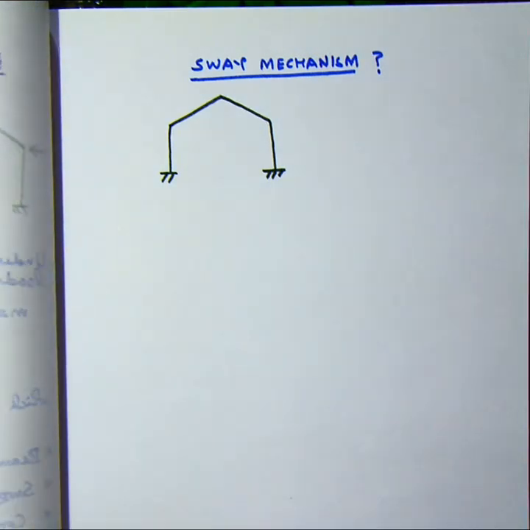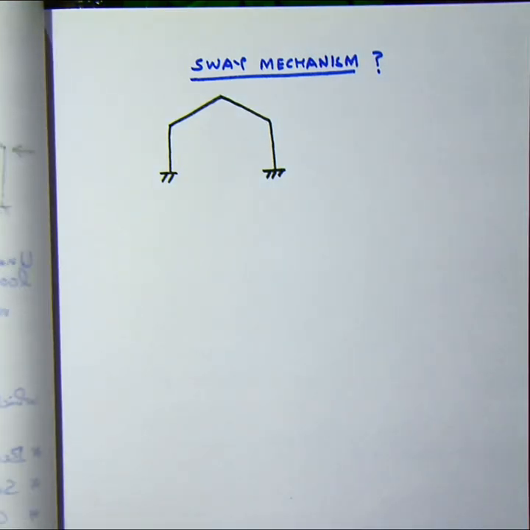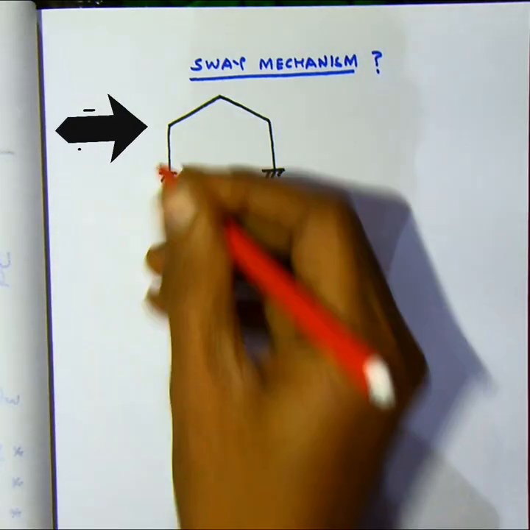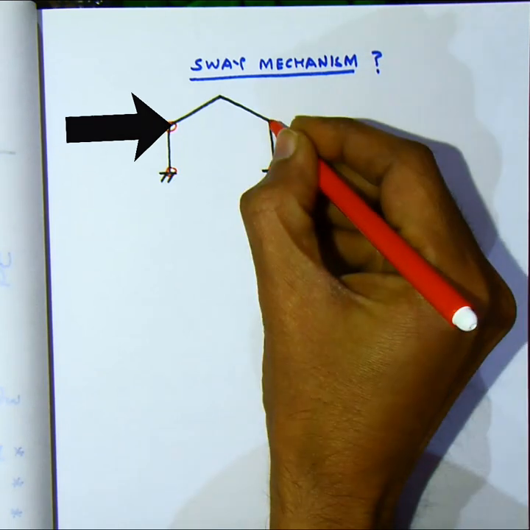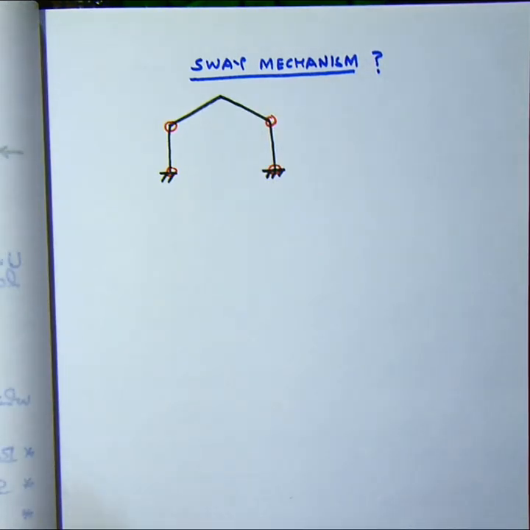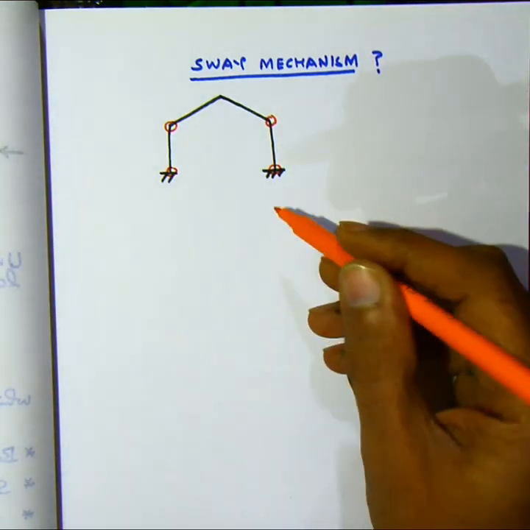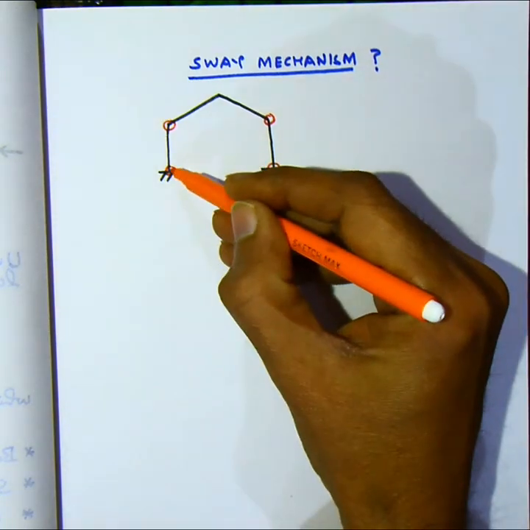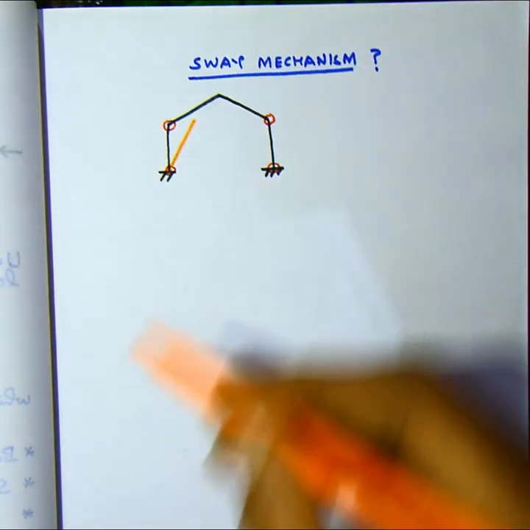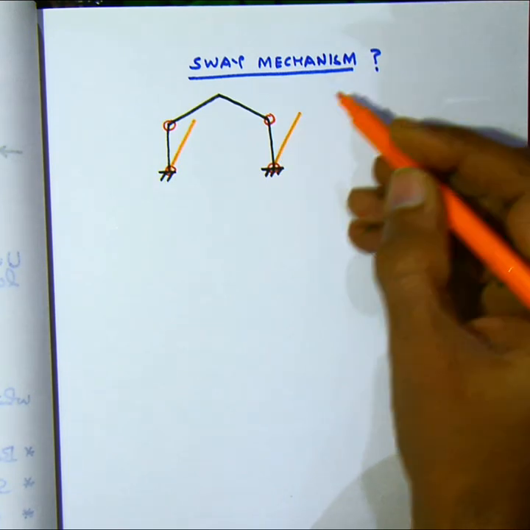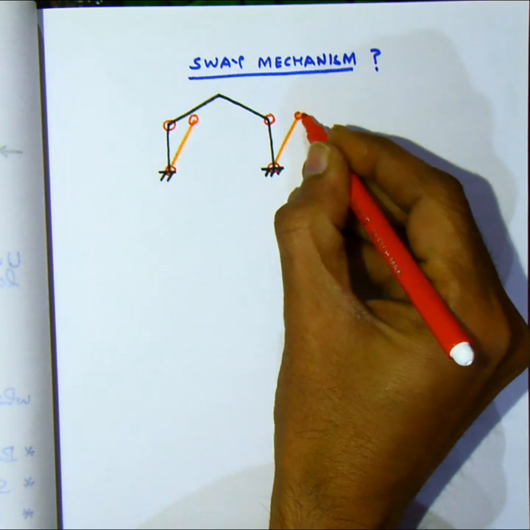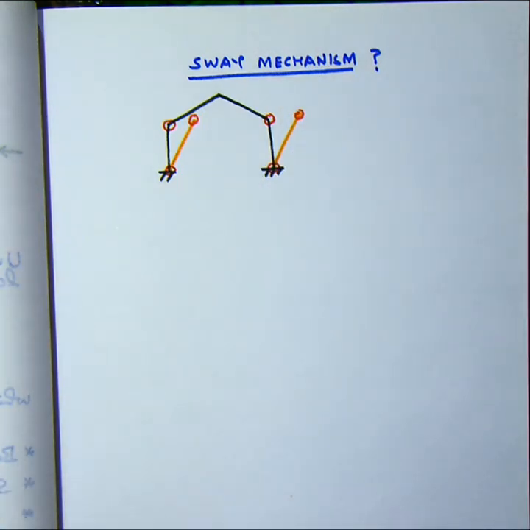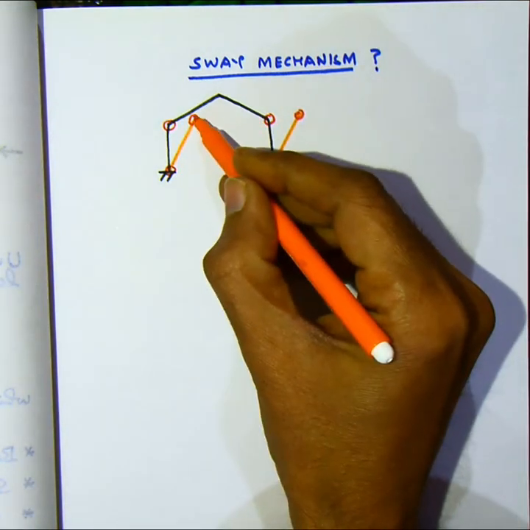So your conclusion, I don't know what conclusion you have got, but here our conclusion, let's see based on this drawing whether the sway mechanism is possible or not. So in the sway mechanism we need 4 hinges, top and bottom of the columns.